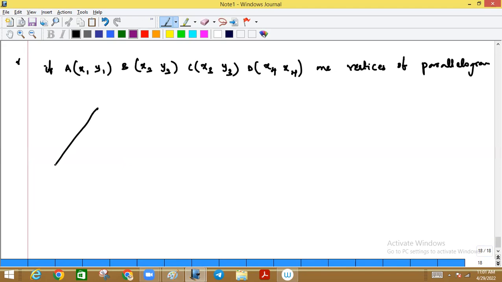See, if these four are the vertices of the parallelogram, they'll give you only three vertices of the parallelogram. They'll ask you to find out the fourth vertex. Can you tell me, how do you find out the fourth vertex? Which formula do you use in order to find out the fourth vertex when three vertices of a parallelogram are given to you?